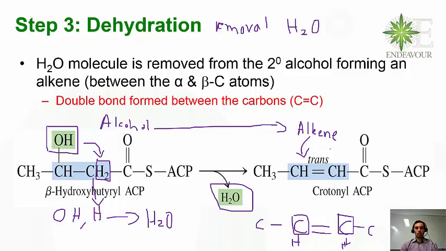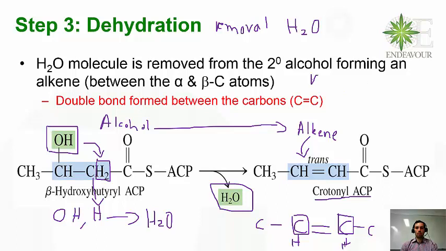So once we have turned the alcohol into the alkene, we now call this the crotonyl ACP. Don't worry too much about the individual names for these compounds where we're modifying the functional group. The important thing is to know the modifications of the functional groups.